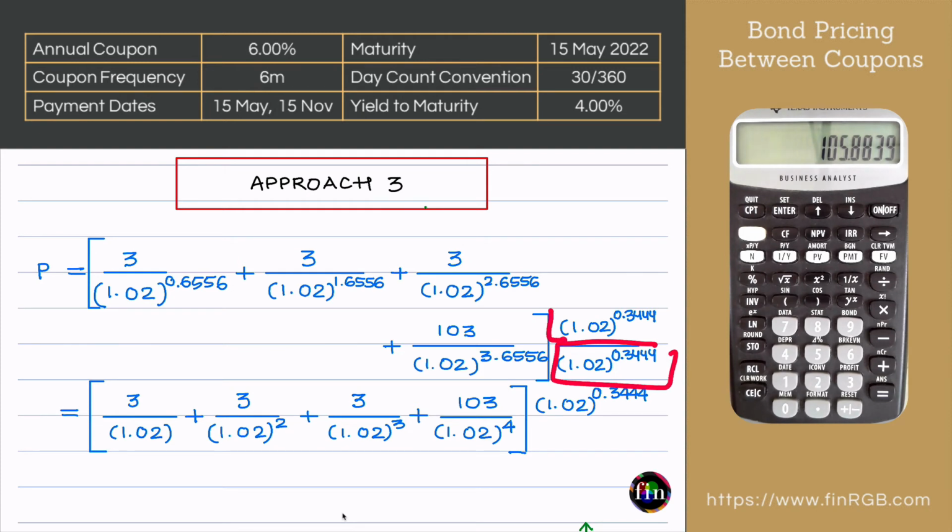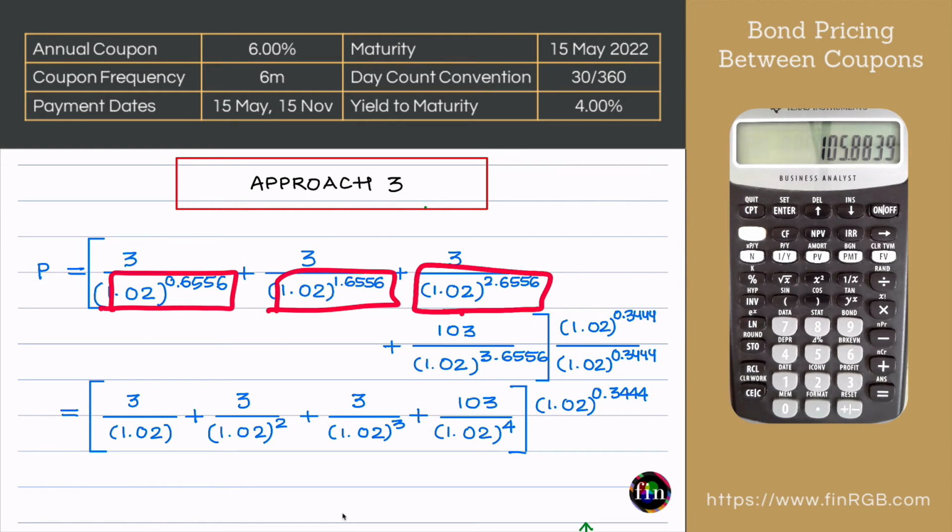Okay, multiply and divide by the same amount. If, let's say, now I were to take each of these denominators, this guy, this guy, this guy, and so on, and multiply with 1.02 to the power 0.3444, I will indeed now create integral or integer exponents or powers.